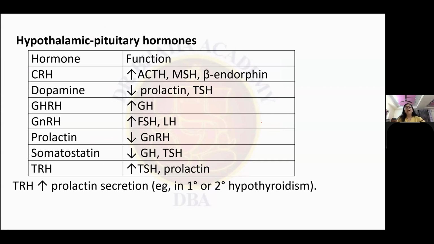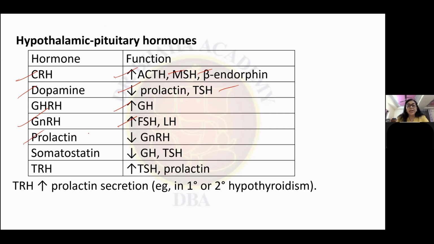Now this hypothalamic pituitary hormone axis, once again we'll revise. CRH will stimulate ACTH, MSH and beta endorphins. Dopamine will inhibit prolactin and TSH. Growth hormone releasing hormone will stimulate the growth hormone. Gonadotropin releasing hormone will stimulate LH and FSH.